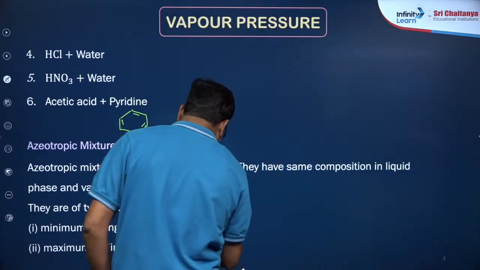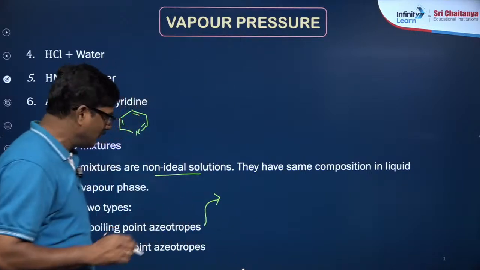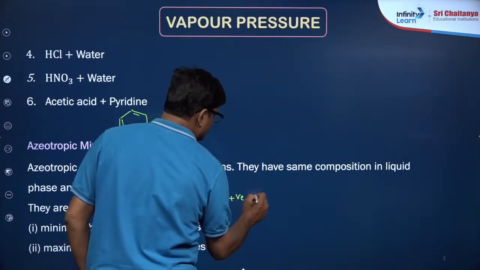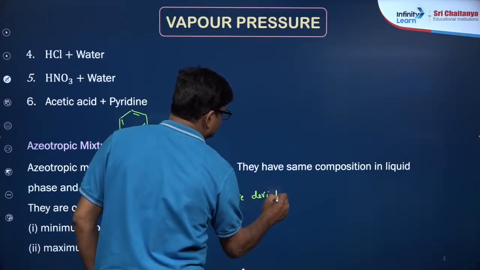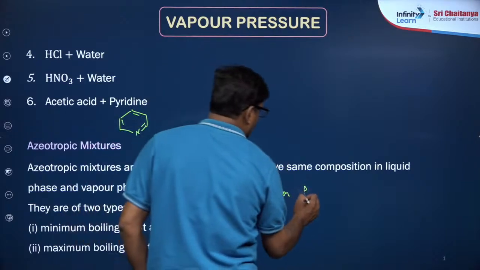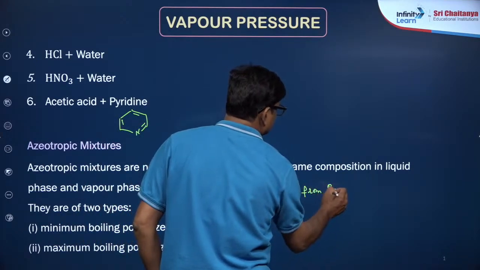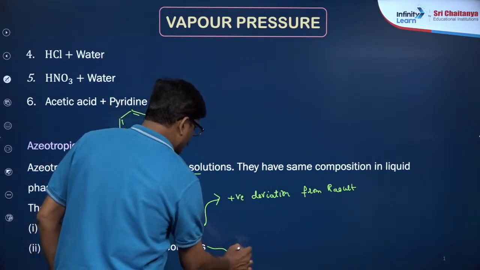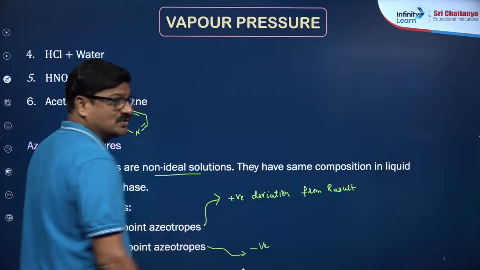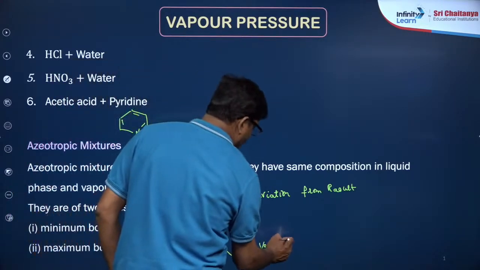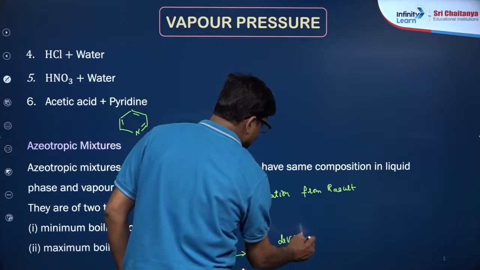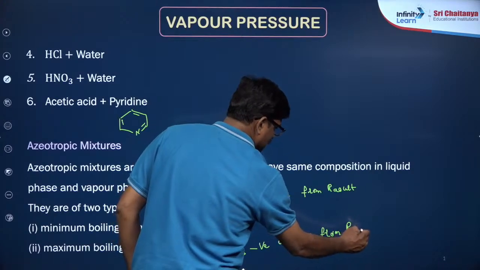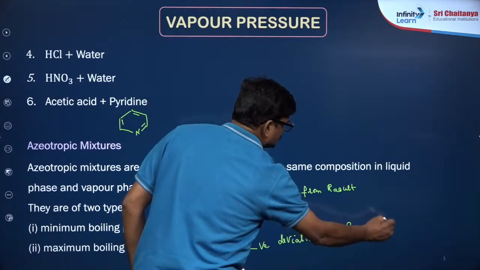A minimum boiling azeotropic mixture is a mixture which shows positive deviation from Raoult's law, whereas a maximum boiling azeotrope means non-ideal solutions which show negative deviation from Raoult's law.